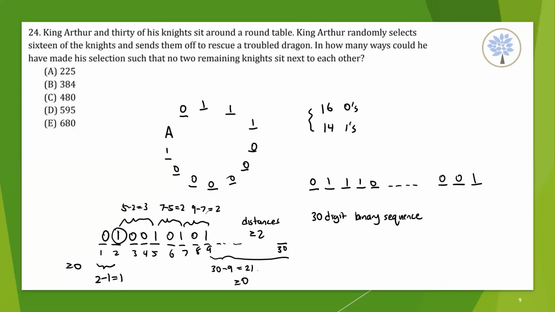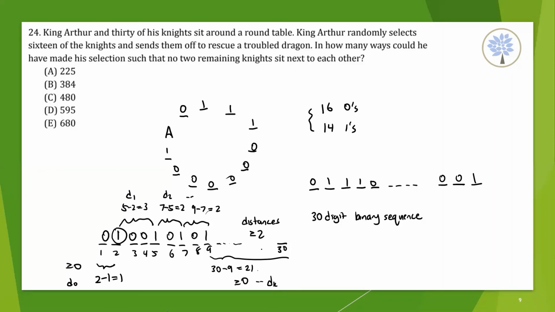So if we consider all these distances together, let's call this distance d0, let's call this distance d1, d2, and so on, until the last distance, dk. So first of all, let's consider how much k is. How many distances are we considering?